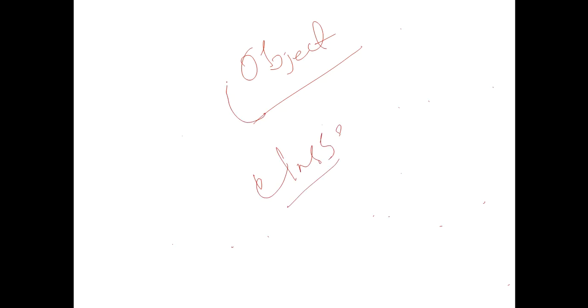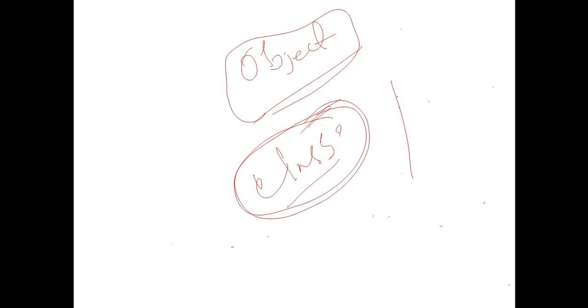If we understand the need of object in object-oriented programming, then we will definitely understand class, because class is nothing but a similar collection of objects, keeping the pattern or design. So our question is, what is the necessity of understanding objects, and what is the real use of objects in object-oriented programming?